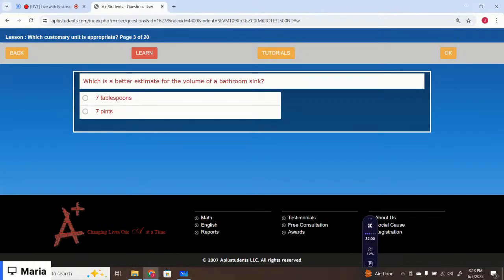Which is the better estimate for the volume of a bathroom sink? That would be 7 pints. Option number two is the correct option.